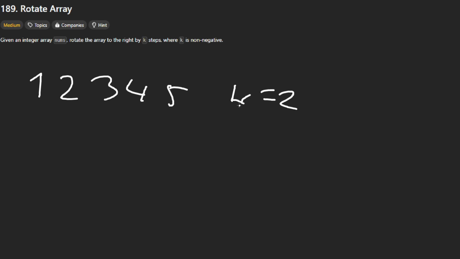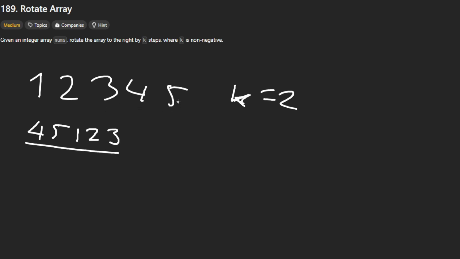This is LeetCode 189, Rotate Array. In this challenge, we are given an integer array nums which we are to rotate to the right by k steps, where k is non-negative. So if we had an array of 1, 2, 3, 4, 5, and a k of 2, we would look to have the array rotated in this orientation.